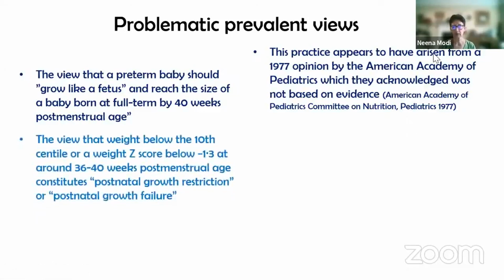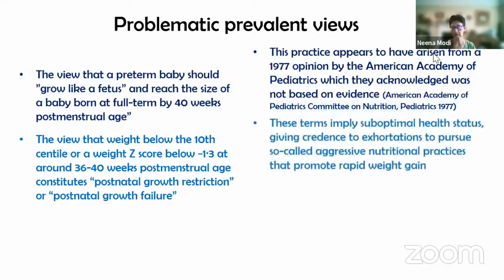The second problematic prevalent view is that weight below the 10th centile at term, or a weight Z-score below minus 1.3 at around about term, constitutes so-called postnatal growth restriction or postnatal growth failure.